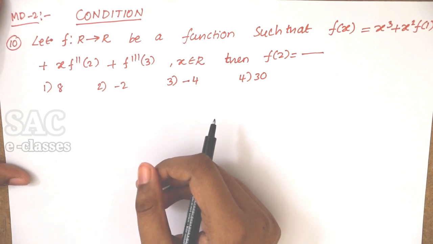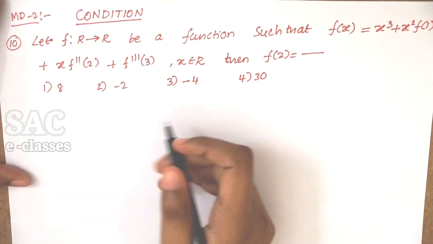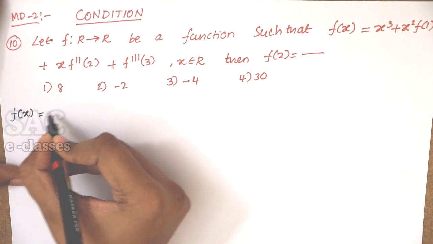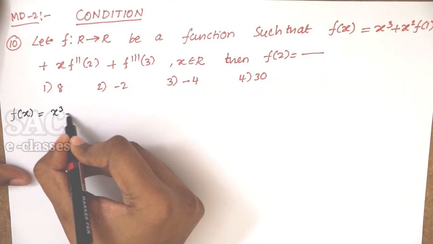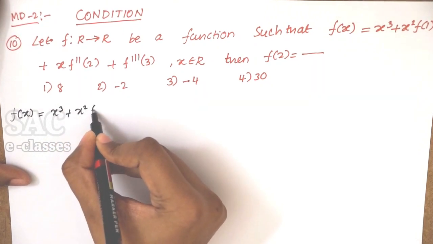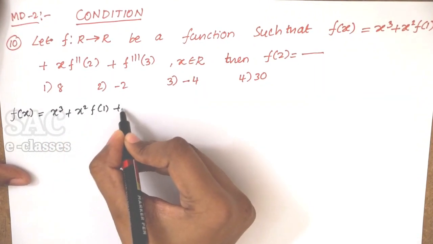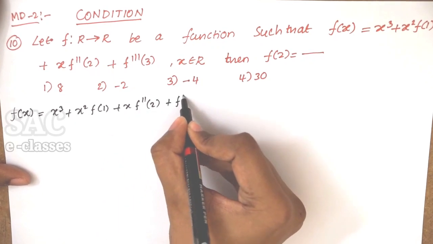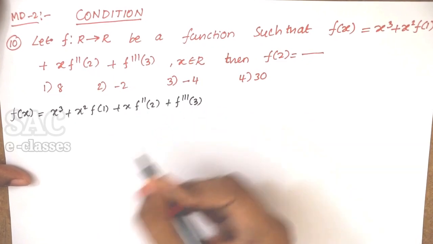Then f of 2 value will be what? Very awesome problem. f of x is equal to x cube plus x square into f dash of 1 plus x into f double dash of 2 plus f triple dash of 3.